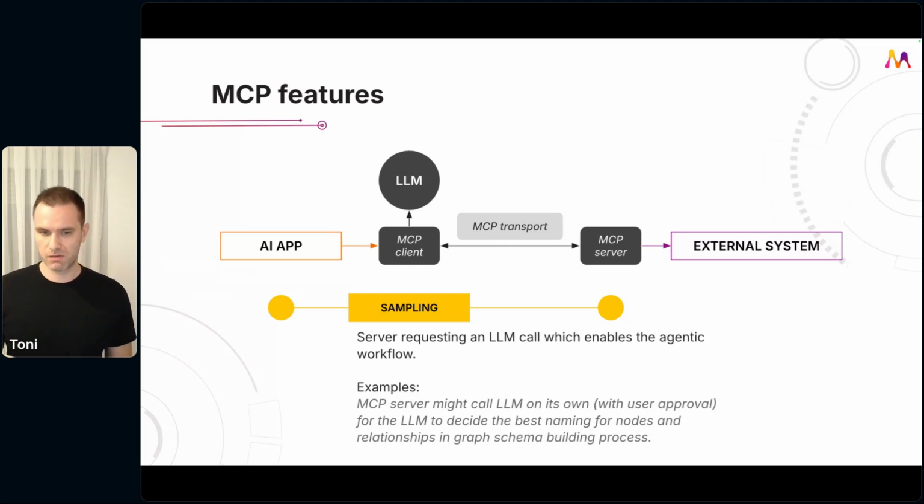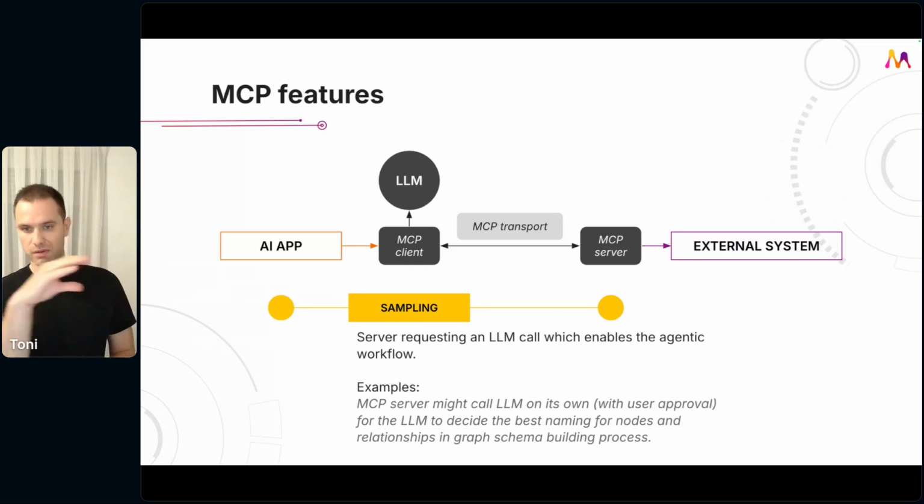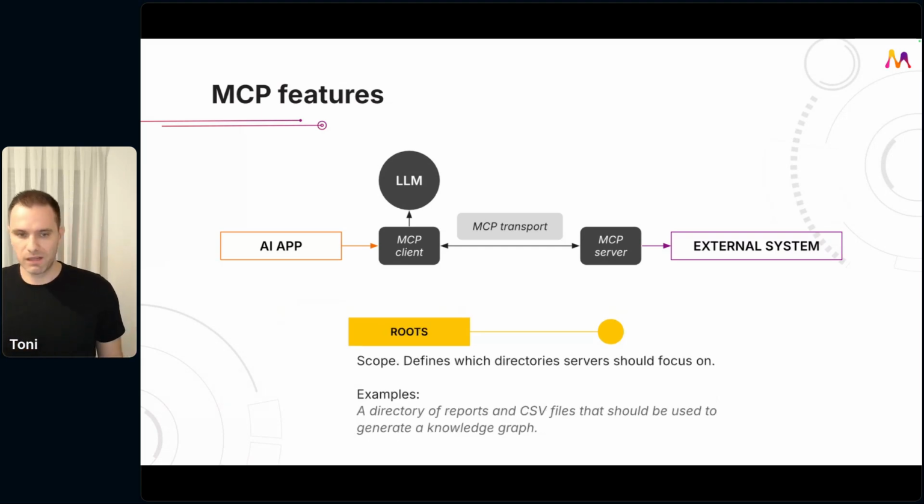So the MCP server could initiate sampling, where it wants to ask the LLM, hey, these are my headers. It will be write dominant. Please give me the best node labels and relationship types that I should use in my graph schema. That's an example of sampling, and the user is the one that will pretty much approve each step of that process.